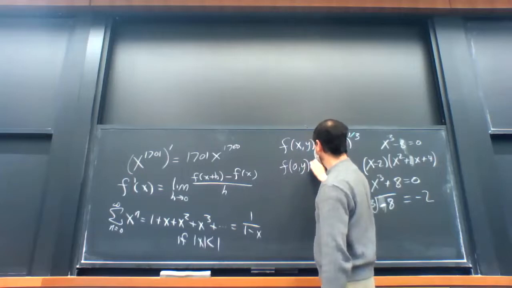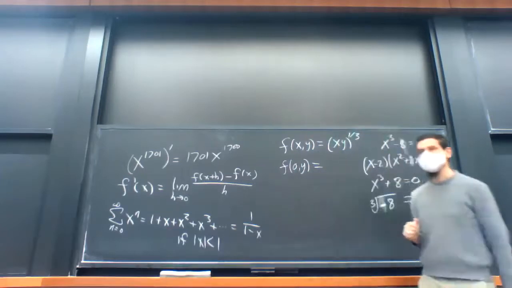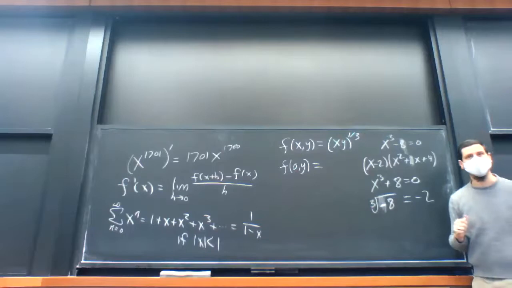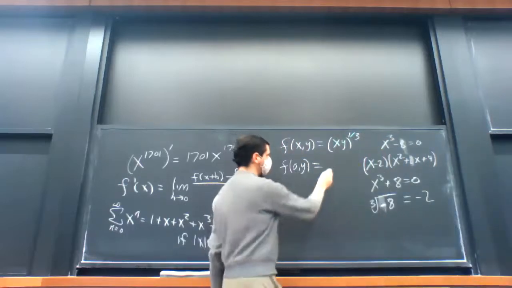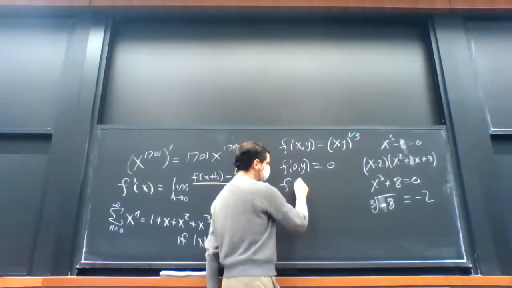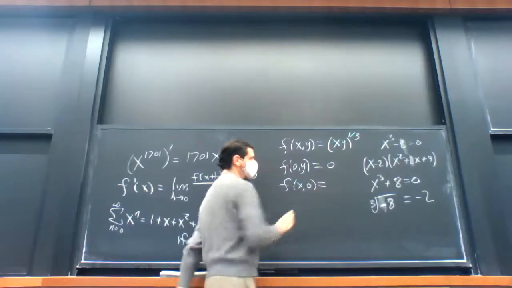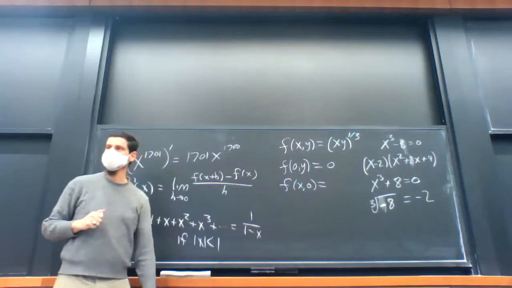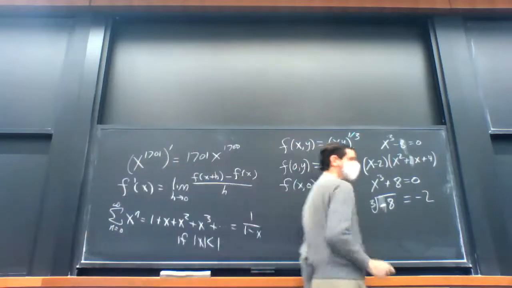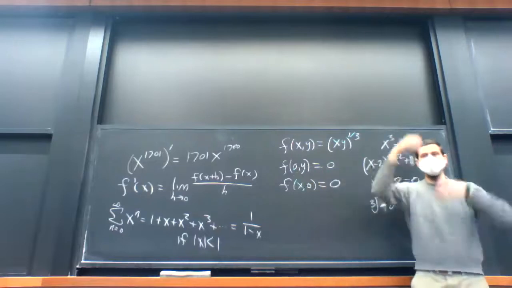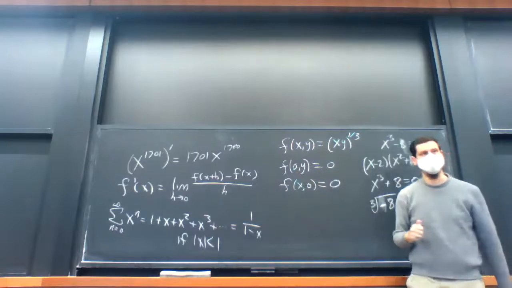If I take x to be 0, what is f of 0y going to be for any y? It's just going to be 0. And by symmetry, if I take y to be 0, 0. So we have a function that is 0 along the x-axis, it's 0 along the y-axis.